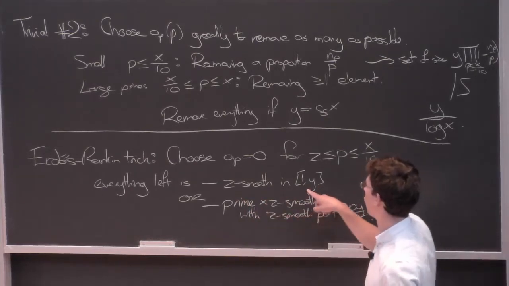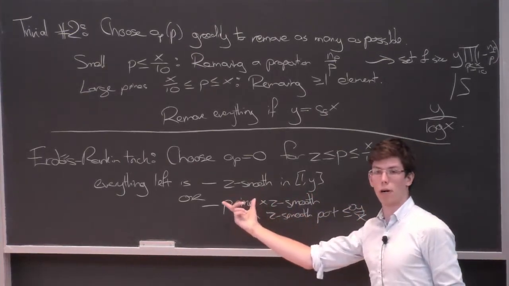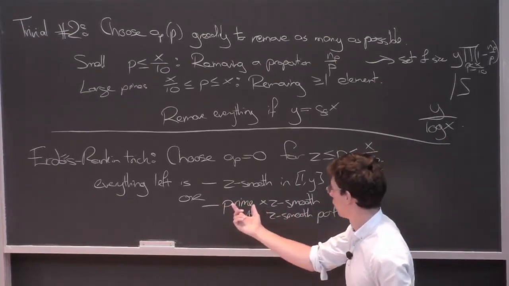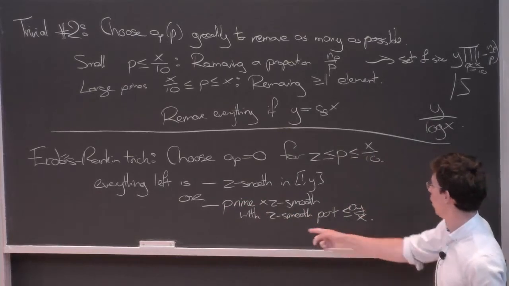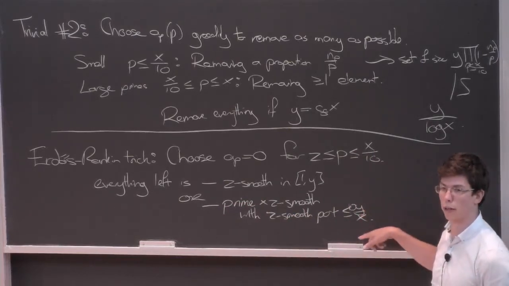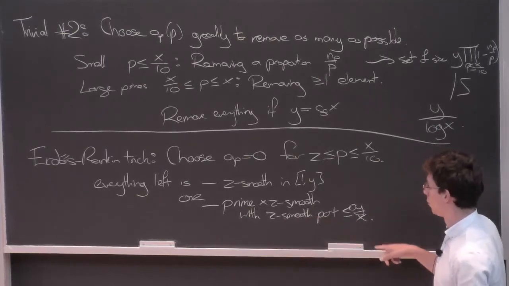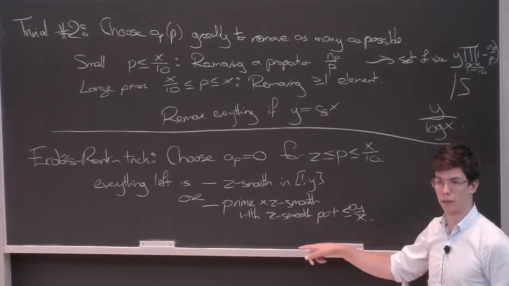So if z is small compared to y, this is a much, much larger z-smooth part than a typical integer. And similarly here, we have some prime times some small z-smooth part, which is of size about y over x. And if y over x is a lot smaller than z, then this is, again, an atypical factorization.